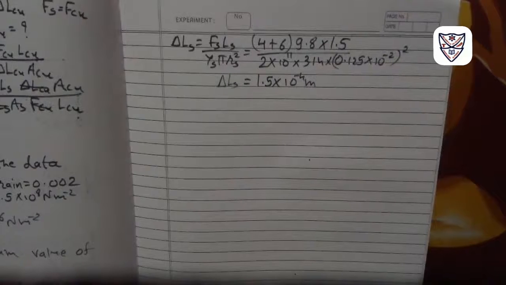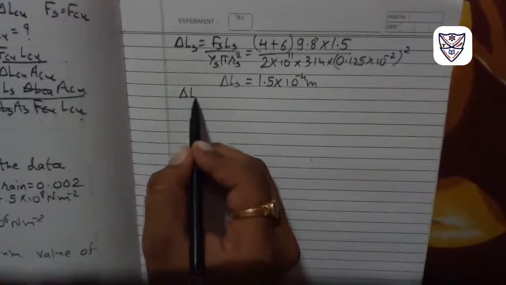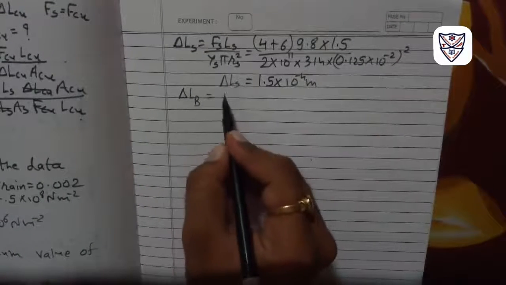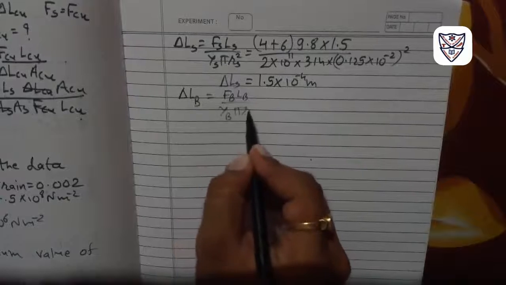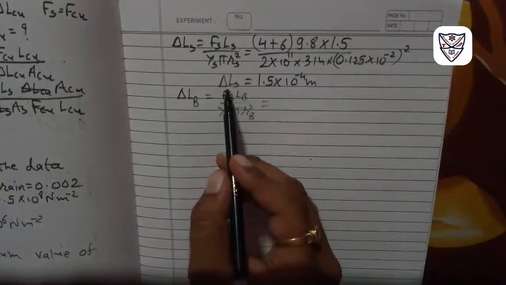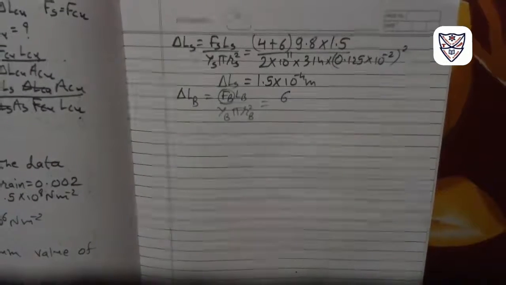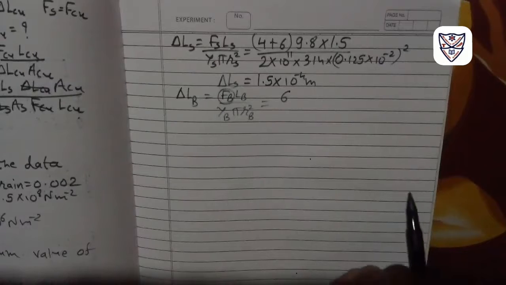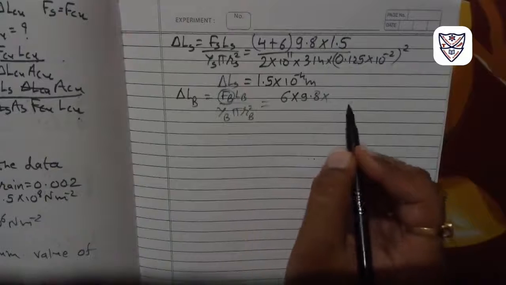Now we need to find elongation in brass wire. Same formula: delta LB is FB LB upon YB pi RB square. But now in FB only 6 kg load is here, so 6 into 9.8 into LB.